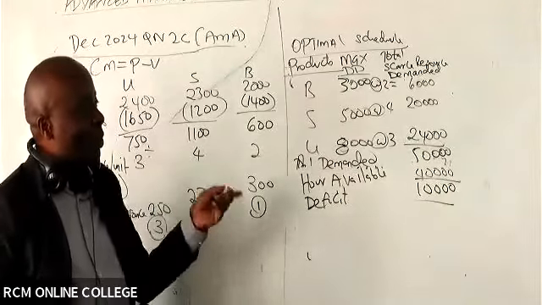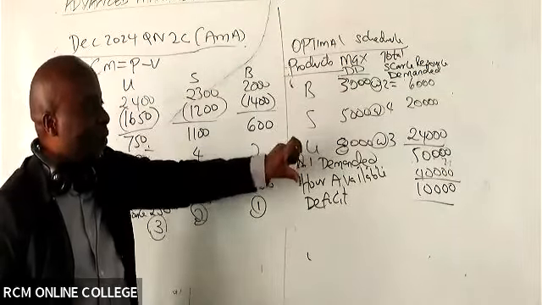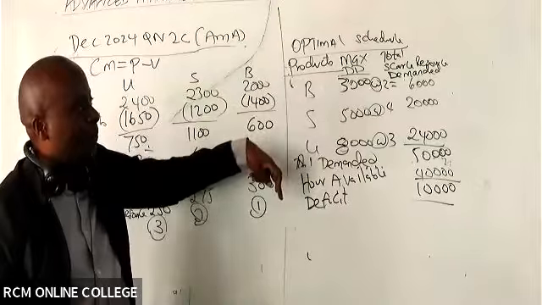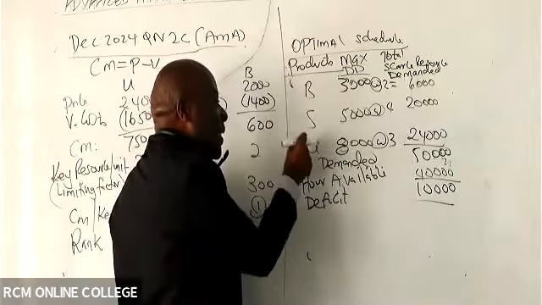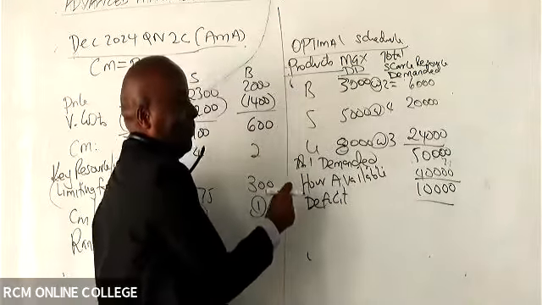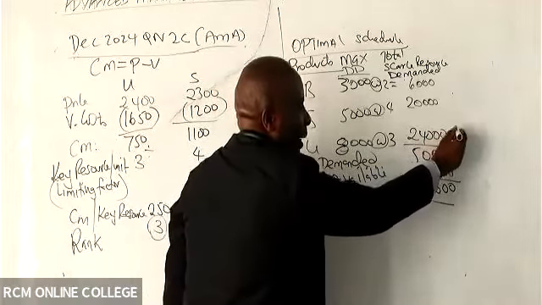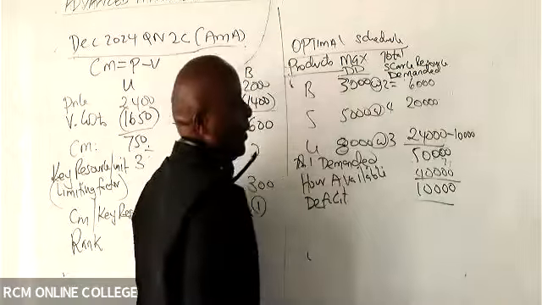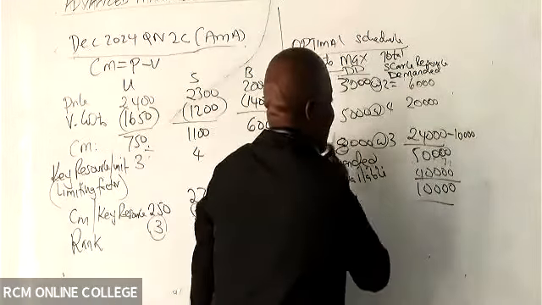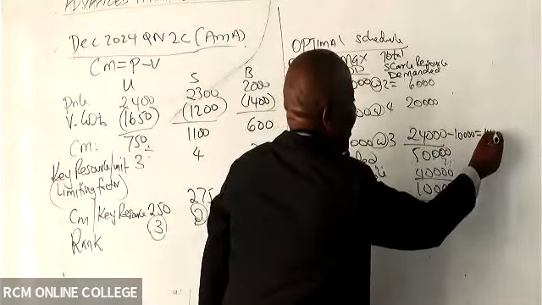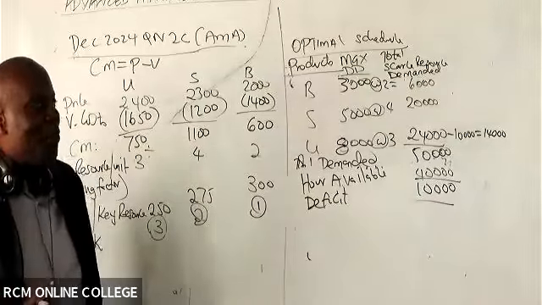Now you ask yourself which products to take it from. We start from the worst ranked, so I subtract 10,000. That means I only have 14,000 hours to use.